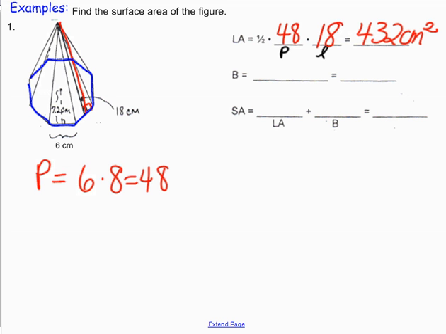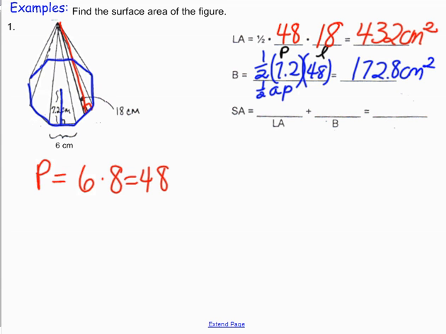What's the formula for the area of an octagon? 1/2 AP. Well, we've got the apothem, 7.2. So 1/2 times 7.2 times the perimeter. We already have that perimeter. That's 48. So the area of that base is 172.8 centimeters squared.